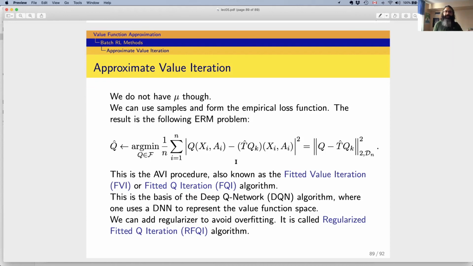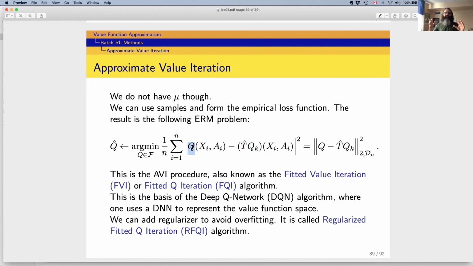Then if you read the paper, and I guess that would be one of the papers that you may read in the reading assignments, in DQN we talk about the target network. The target network would essentially be Q_k, and the current value network would be Q. So we have a value network Q, and we have a target network Q_k.